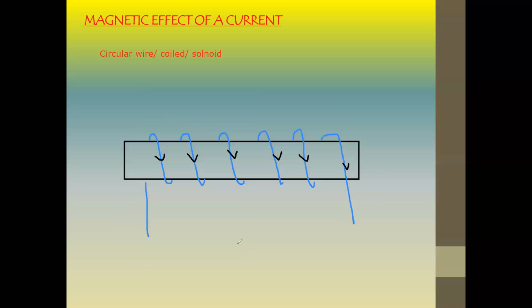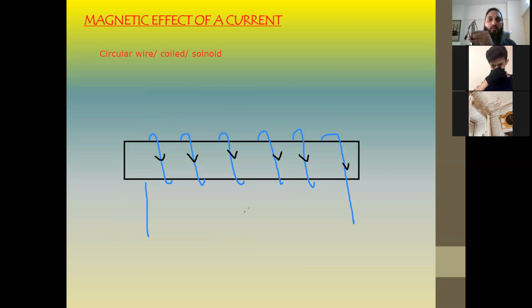You want to find the magnetic field, or the question will be like, sketch the magnetic field for this solenoid, or a coiled wire, or a wire turned around a piece of iron or cylinder. So this is a wire, and the current this time is in the opposite direction.